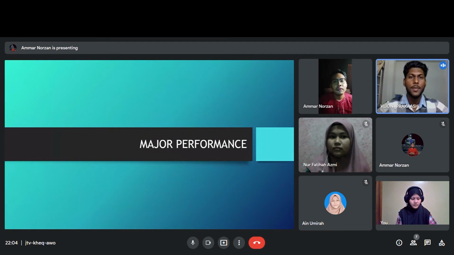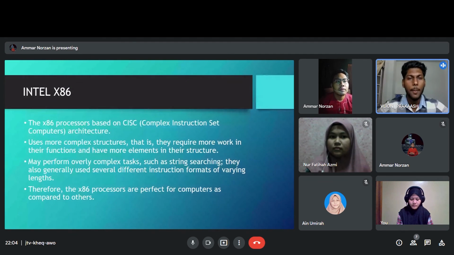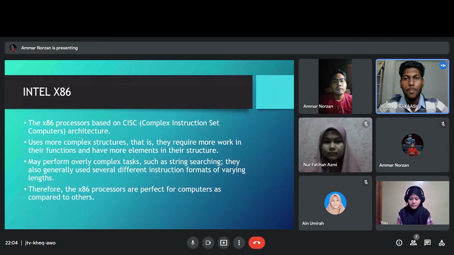Alright, let's see about the major performance of X86 and also ARM. Okay, first let's see about the X86 processor. So as Ms. Naquira mentioned, the X86 processor is based on CISC, which means complex instruction set computer architecture.